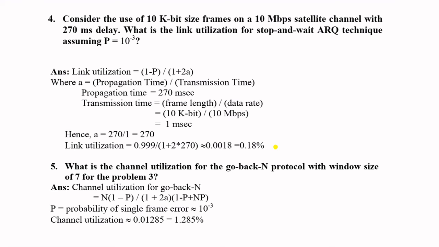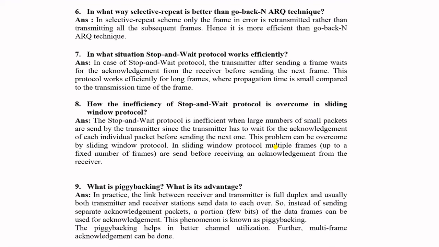Here P is the probability of single frame error, that is approximately 10 to the power minus 3. If we put the values in this formula, we get the channel utilization as 1.285%. So these are the numerical questions which can be asked in the examinations.